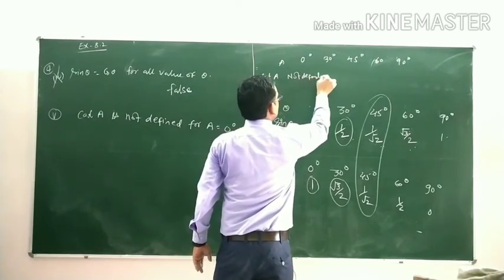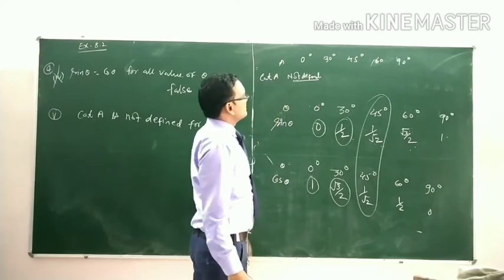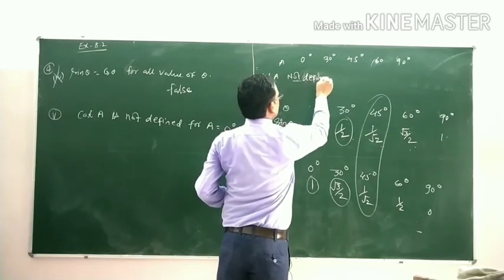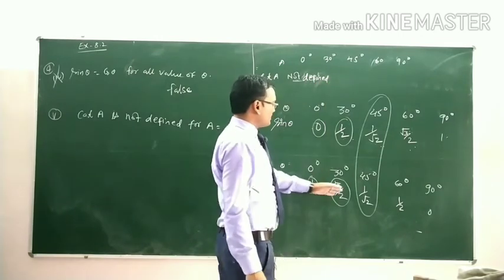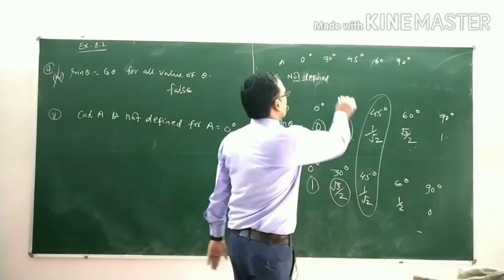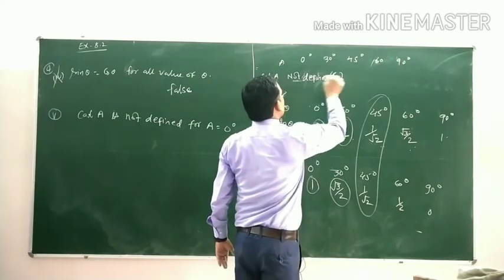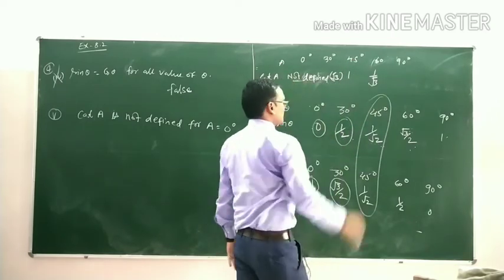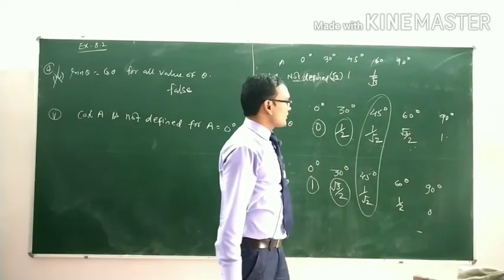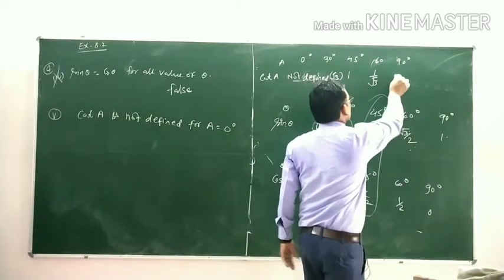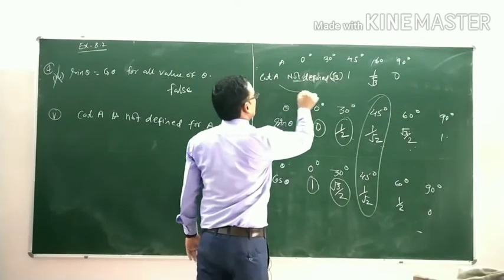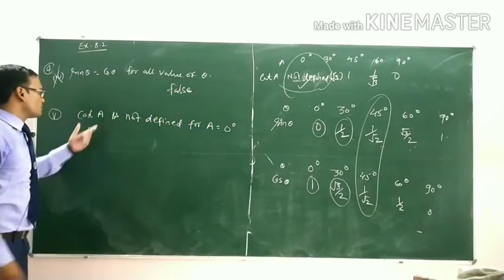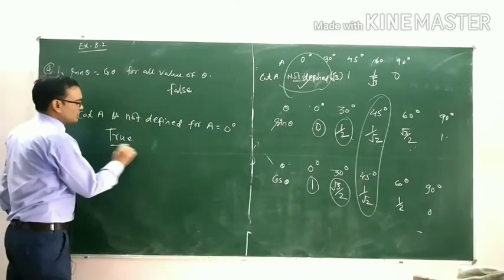Cot 30 is square root 3, cot 45 is 1, cot 60 is 1 upon square root 3, and cot 90 is 0 upon 1, that means 0. Here cot 0 is not defined, that means this statement is true.